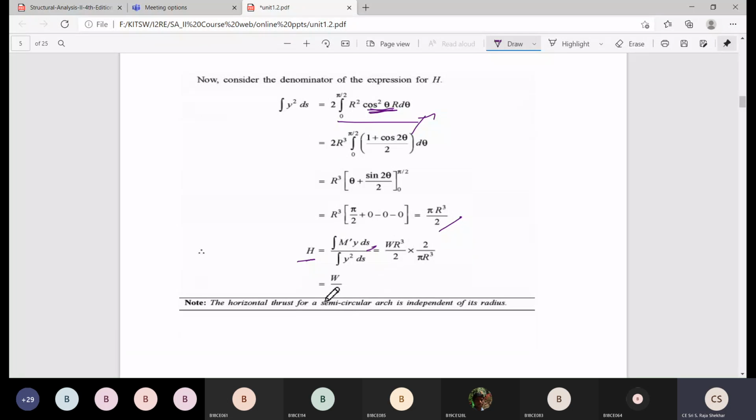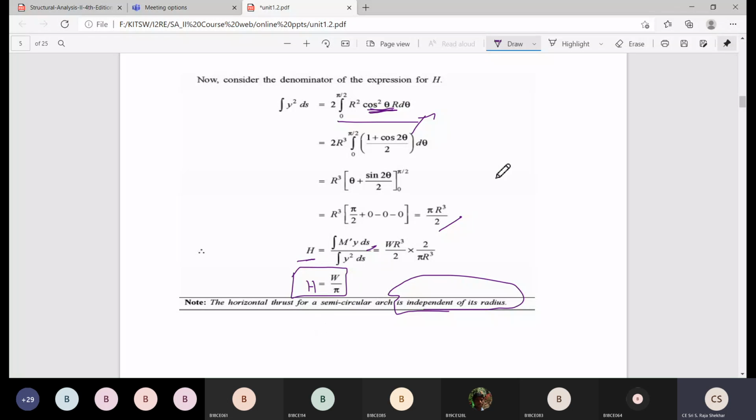So finally, we're going to get h is equal to capital W by pi, which means we can make a note of this: the horizontal thrust for semicircular arch is independent of its radius.